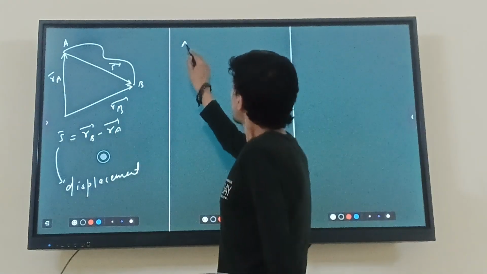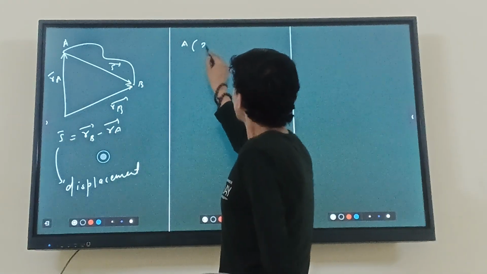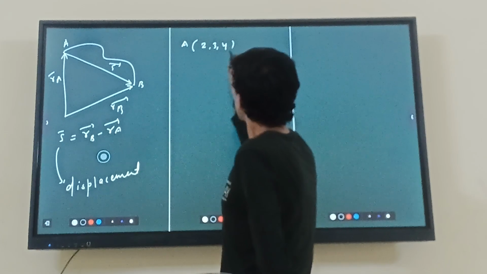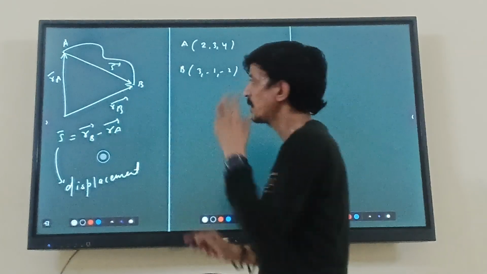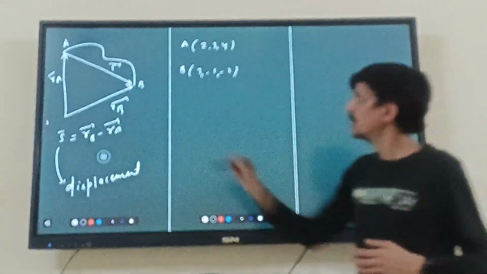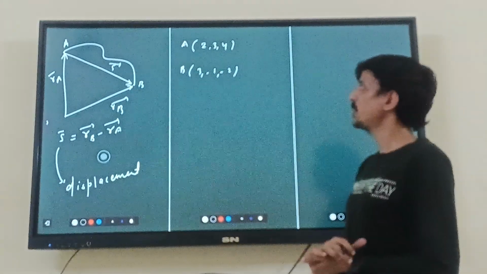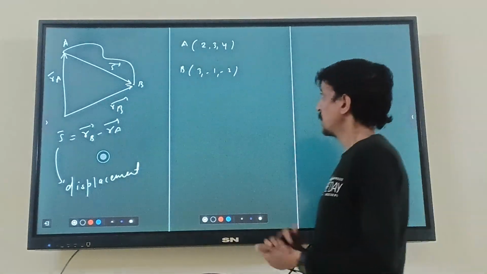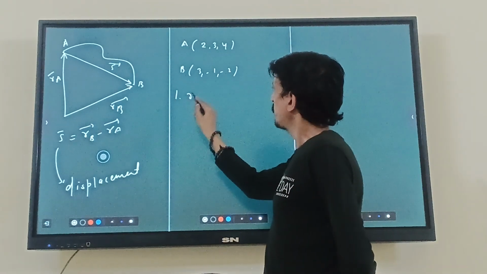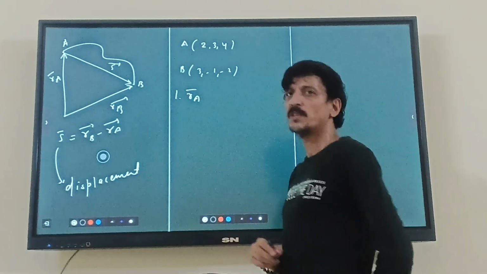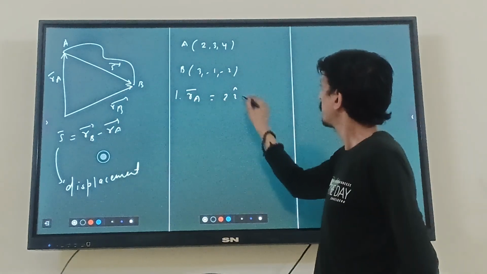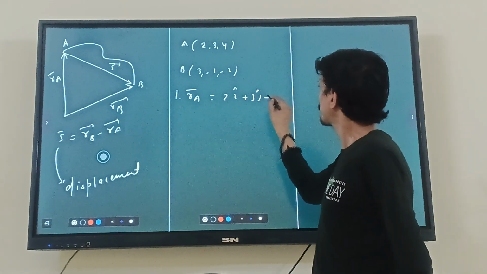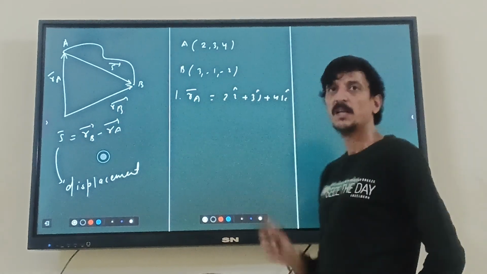Take a question. Suppose a point starts from A. A has coordinates 2, 3, 4, and B has coordinates let's say 3, minus 1, minus 2. So there are the 2 points. Point A has coordinates this, point B has coordinates this. So the first thing is we need to find the position vector of A with respect to origin. So that will be 2i plus 3j plus 4k, very first thing.